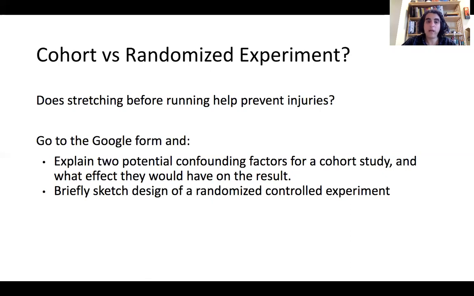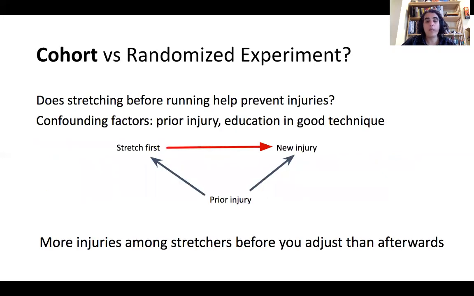Okay, welcome back. So here's a couple of confounders that I thought about. One might be, what if somebody had injured themselves in the past? So somebody with a prior running injury might be more cautious and thus more likely to stretch first because they're being careful to try to avoid re-injuring.